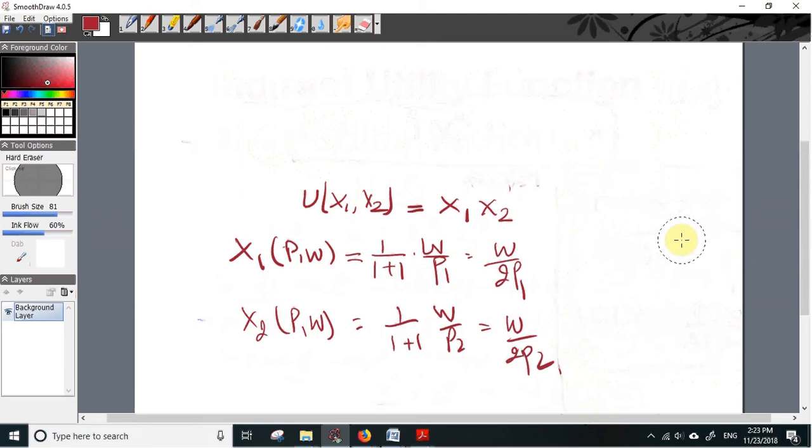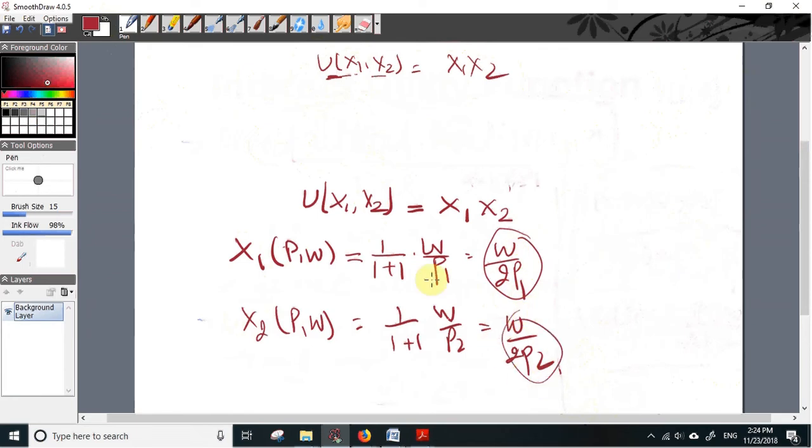So now let us do that. Our utility function is u(x1,x2) = x1 times x2. So we substitute this x1 and x2 here. Now this utility is not a function of x1 and x2 but a function of w, p1 and p2.